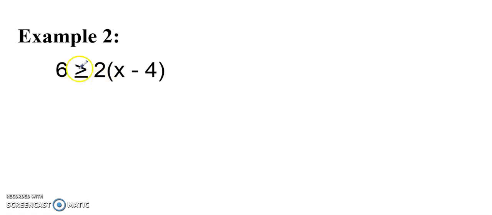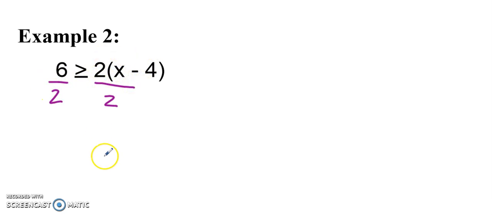Alright, here's another. I may need to do some extra steps of combining like terms or getting rid of our parentheses first. There's actually a couple different ways I could do this. I could get rid of my 2 at the beginning by dividing, and that's because this is all being multiplied by 2. So I'm dividing it all by 2. It's all multiplication happening right here.